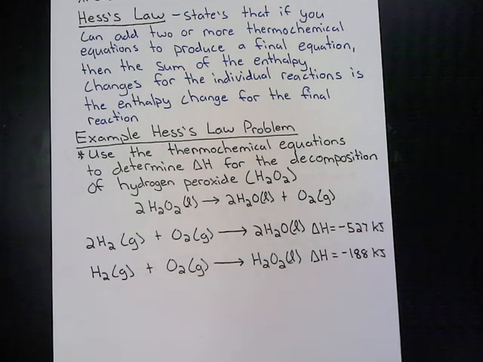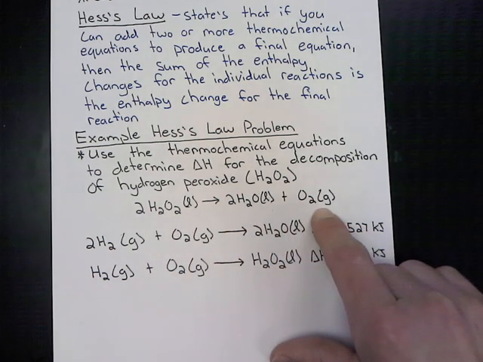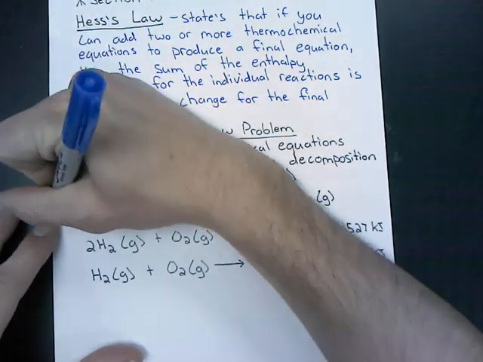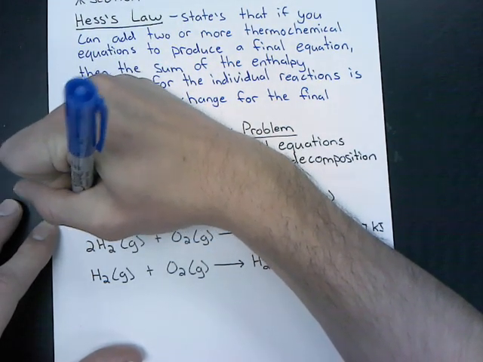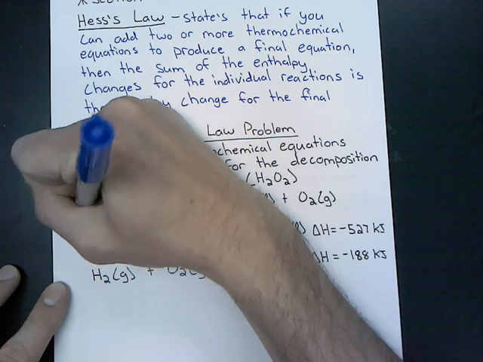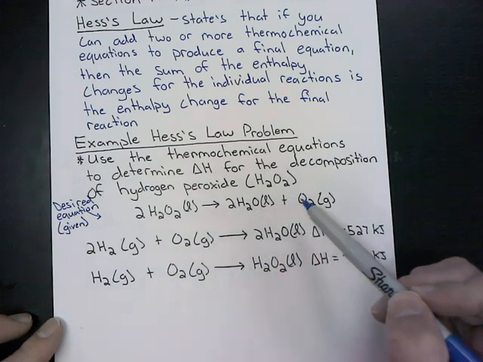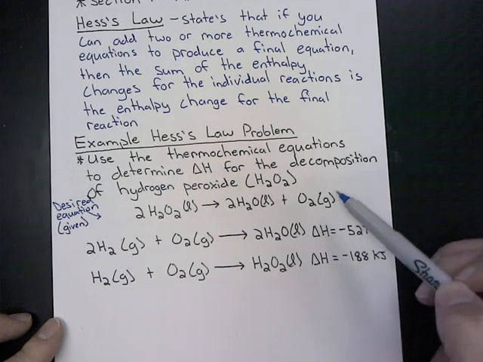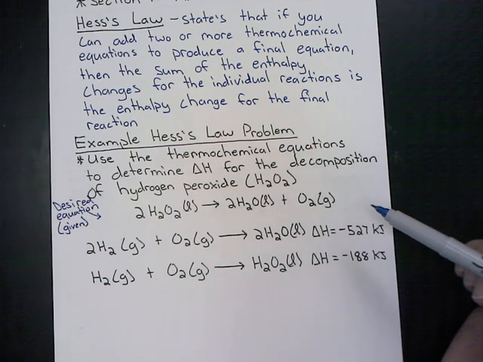Number one, this equation right here on top is known as the desired equation, and it will always be given. You're never going to have to come up with an equation on your own, but this given equation will be listed out here on top. And notice on this top equation, there is no delta H. That is our job with Hess's law, to go find delta H.